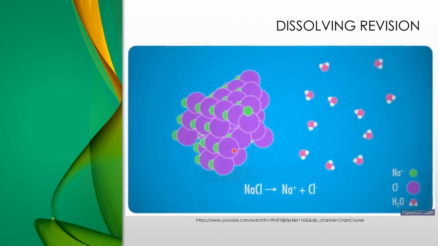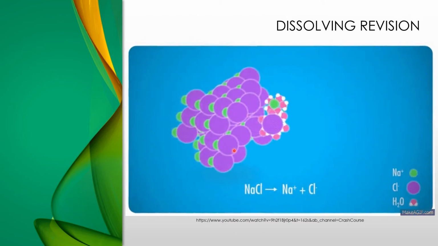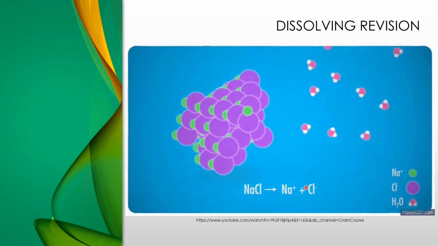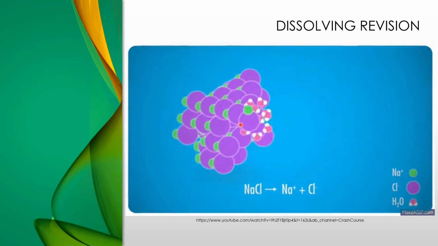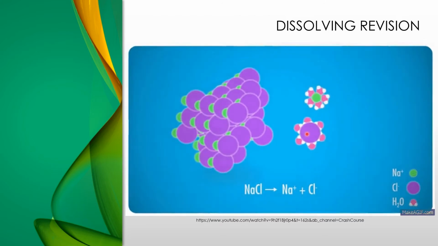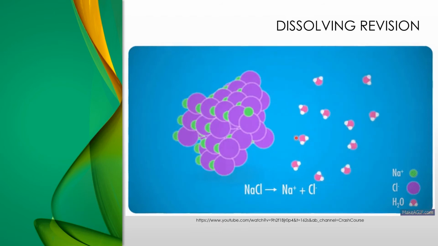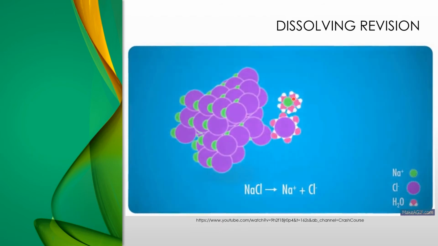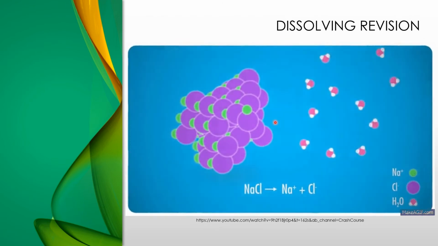But when the water comes along and surrounds it, its positive and negative charges latch onto the ions, noticing that the negative purple chloride ion is being attracted to the white parts of the water, or the parts with the hydrogen that are positive, and the green sodium part is being attracted to the red oxygen end of the water molecule, which has a negative charge.